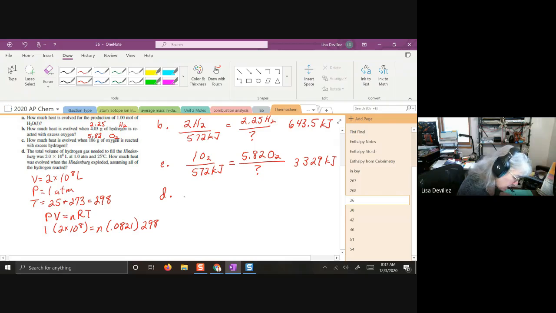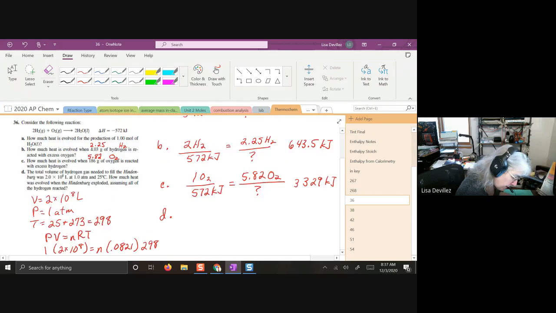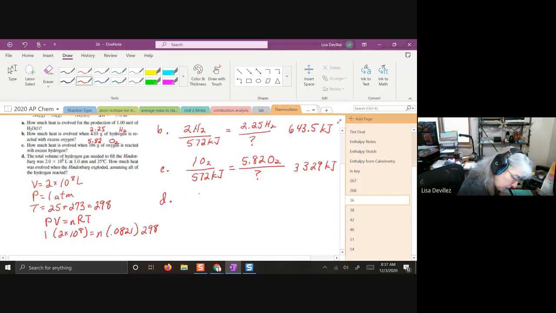All right, so we're doing hydrogen, which is 2. So 2 hydrogens is 572 kilojoules. And what is that? 8,174,676 moles of hydrogen.